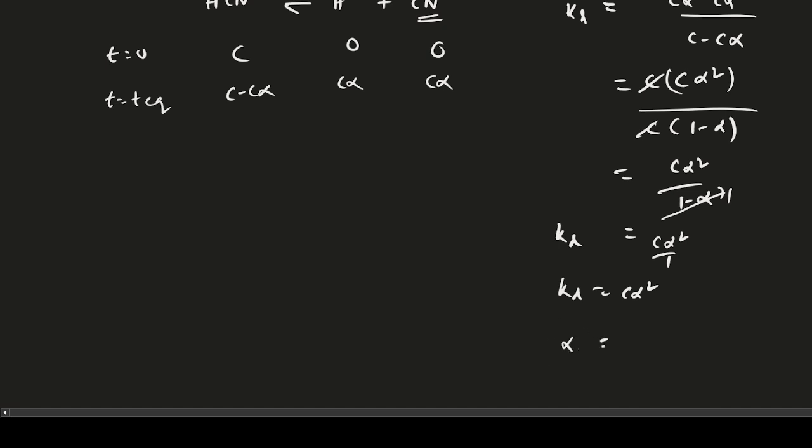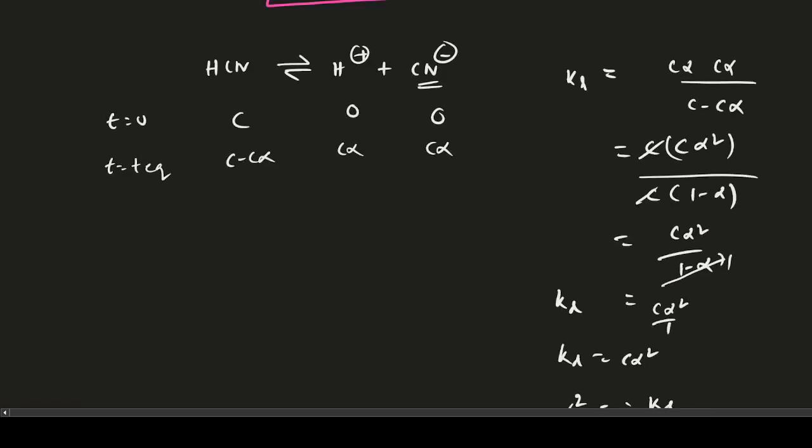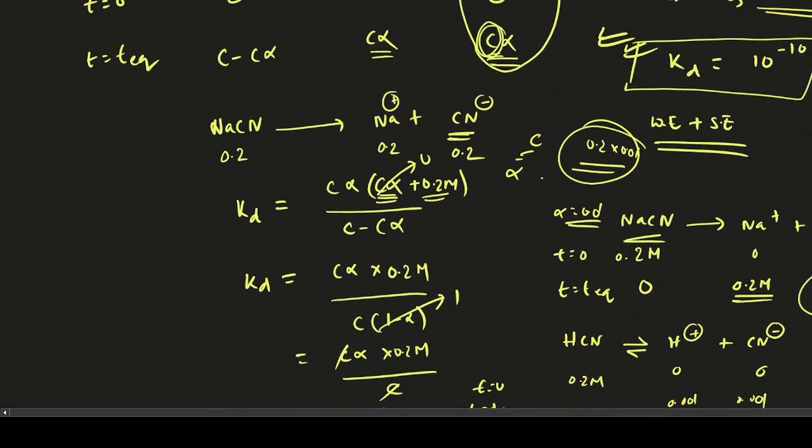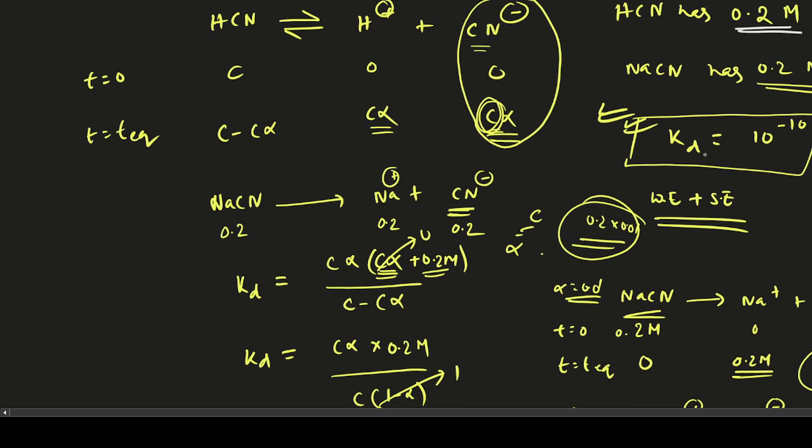So alpha square equals Kd by C, and alpha equals the square root of Kd by C. We have taken HCN as 0.2 molar, and Kd as 10 raised to minus 10.